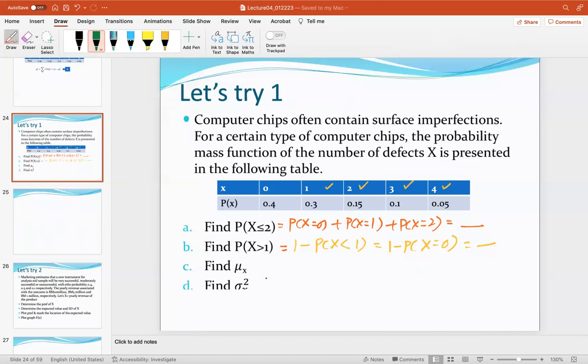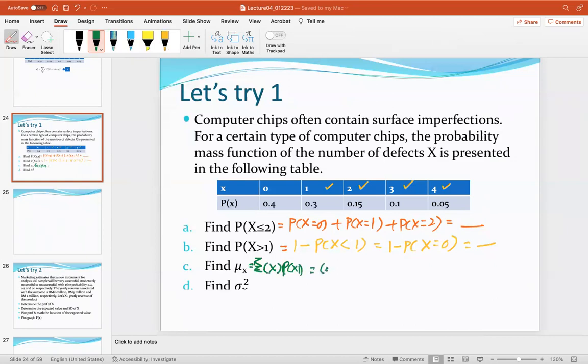So find the mean. And we have discussed the mean equation. The mean is the summation of x times P(x).